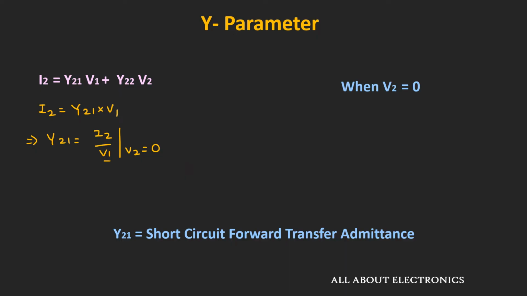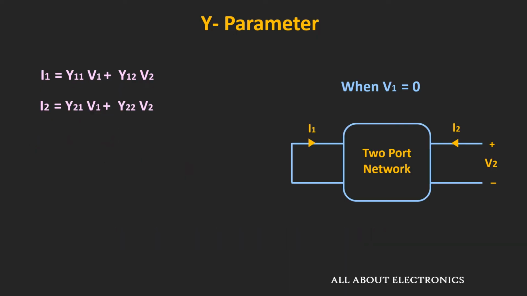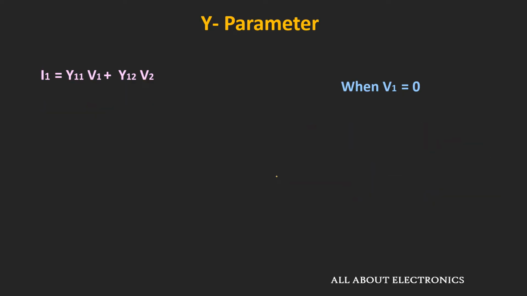Similarly, when the port 1 is short circuited, or when voltage V1 is equal to 0, then from the first expression we can write I1 is equal to Y12 times V2, or we can say that this Y12 is equal to I1 divided by V2 when this voltage V1 is equal to 0.